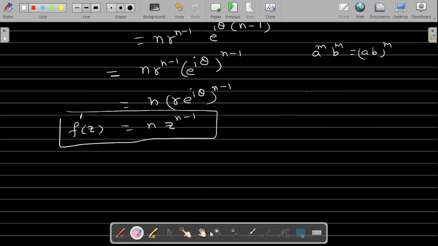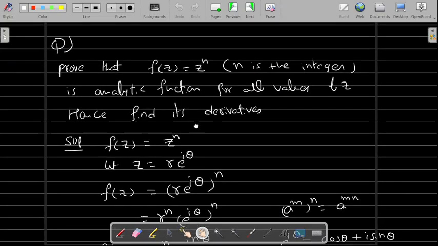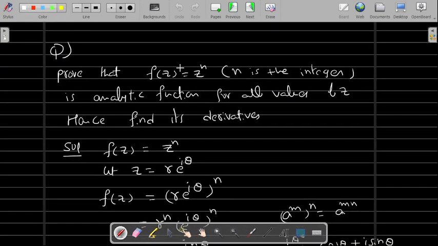You may get a doubt: for this problem, f of z equals z power n, can we do it in xy format, that is, in Cartesian form like the previous analytic function problem?